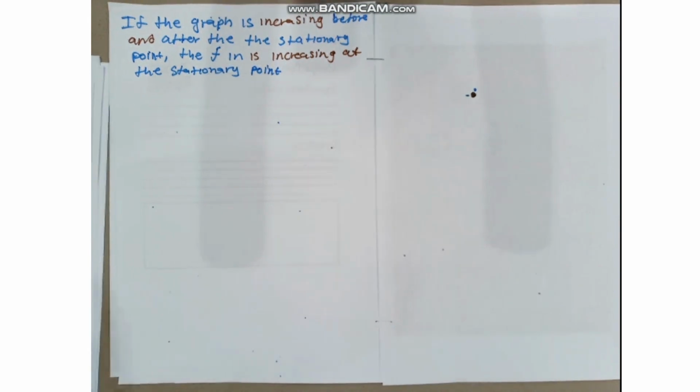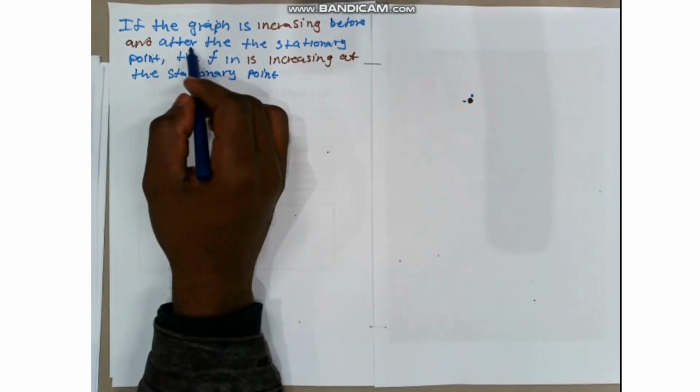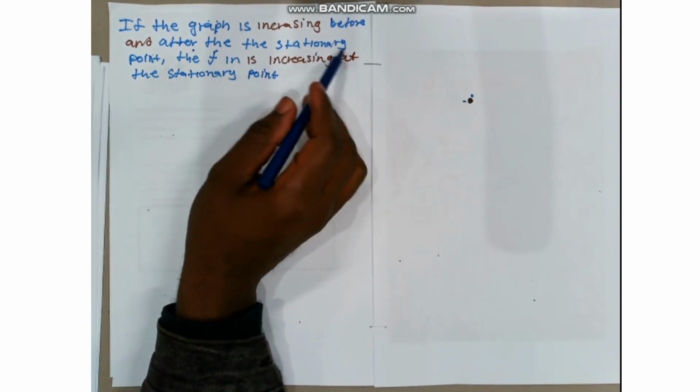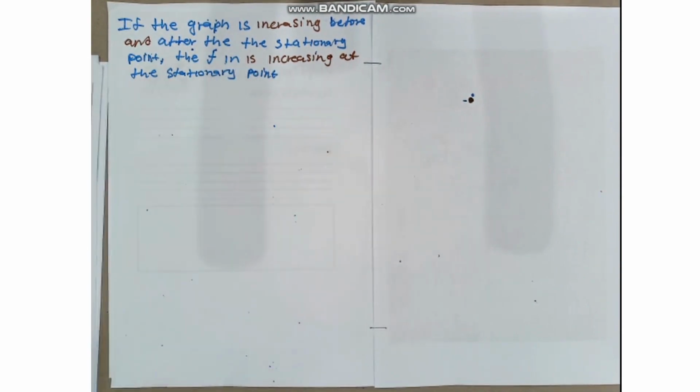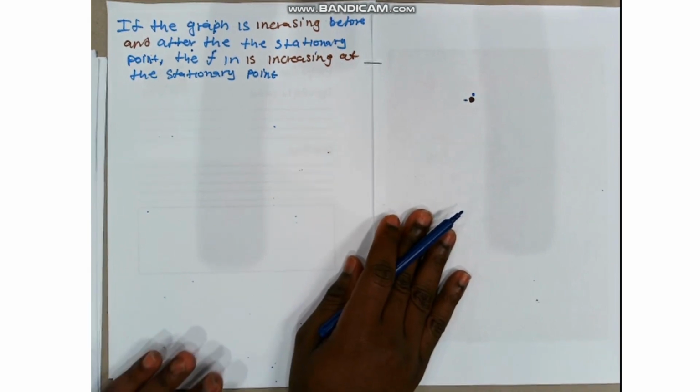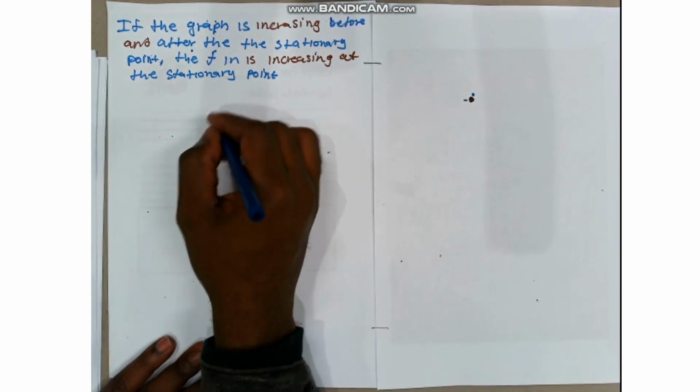So if the graph is increasing before and after the stationary point, then the function is increasing at the stationary point. Let me just show the graph of what the statement is saying here.